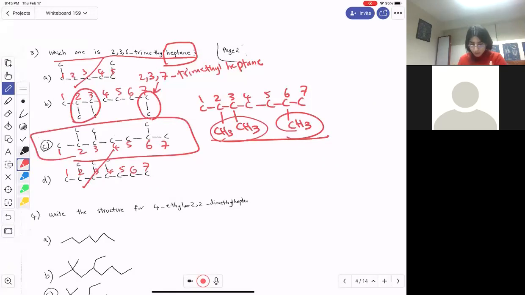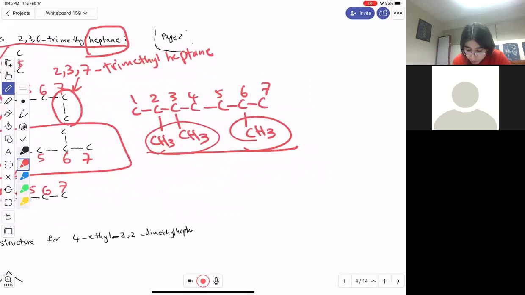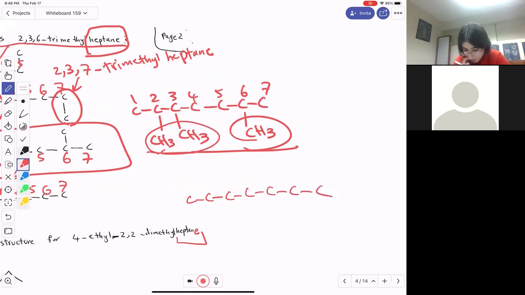I hope it's clear. Write the structure for 4-ethyl-2,2-dimethylheptane. So heptane, 1, 2, 3, 4, 5, 6, 7, right? I'm using my blue. 4-ethyl would be like this, or we can write C2H5.